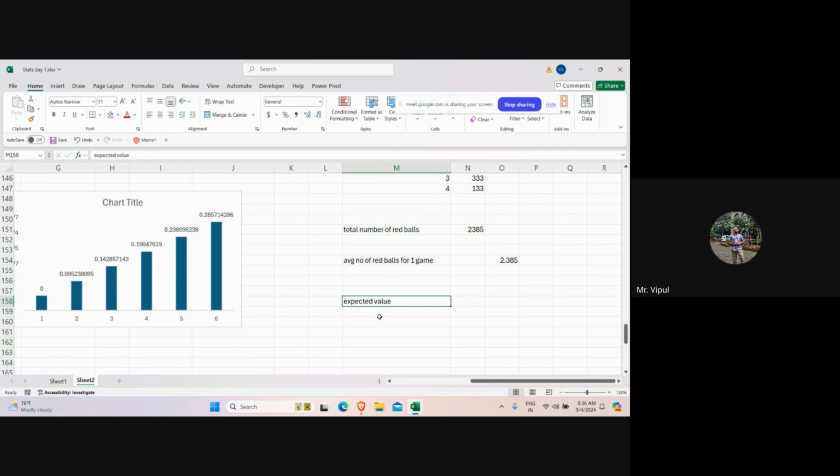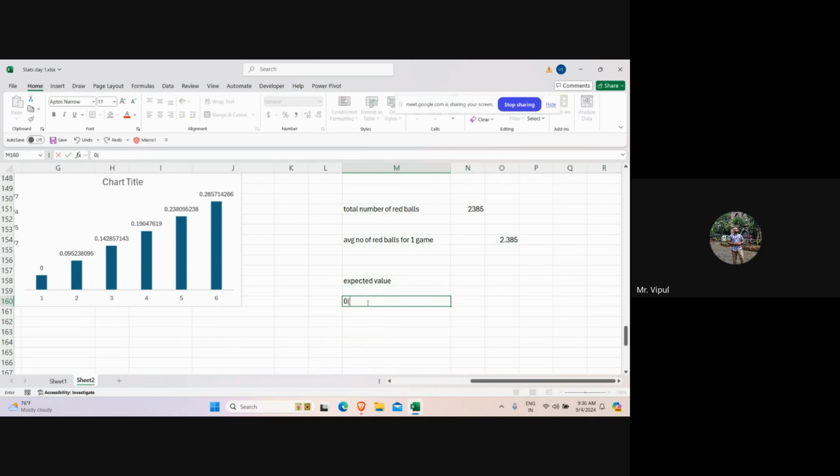So here, what does the expected value become? 0 into probability of x equals 0 red balls, because if we find the probability of 0 red balls, x equals 0, plus 1 into probability of x equals 1, plus 2 into probability of x equals 2, plus 3 into probability of x equals 3, plus 4 into probability of x equals 4.